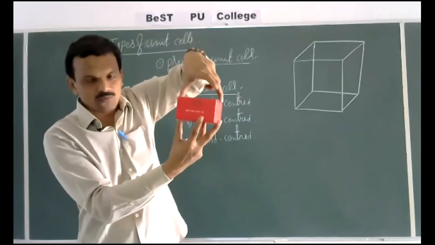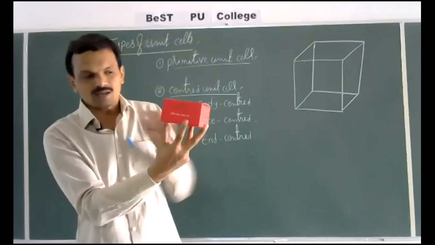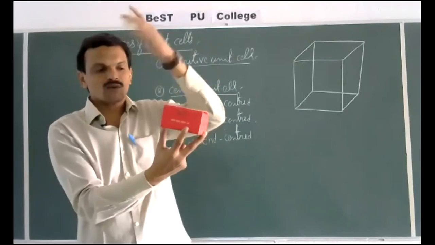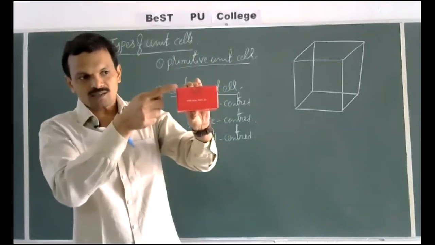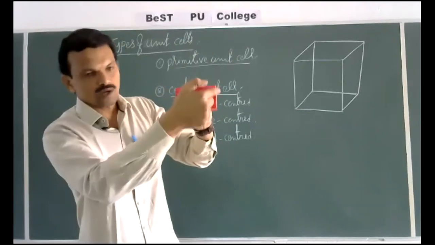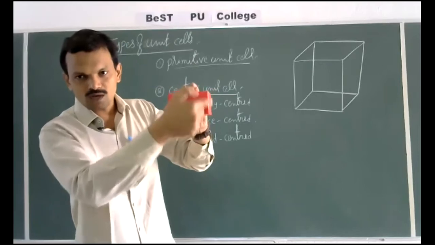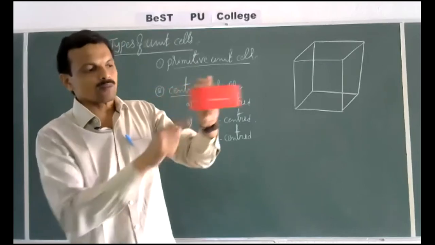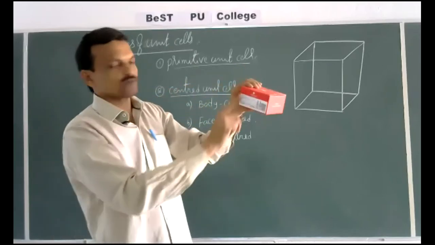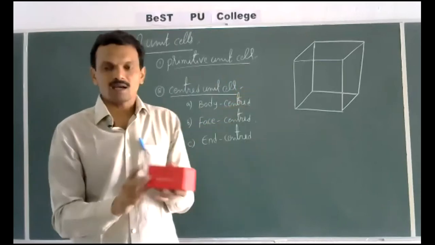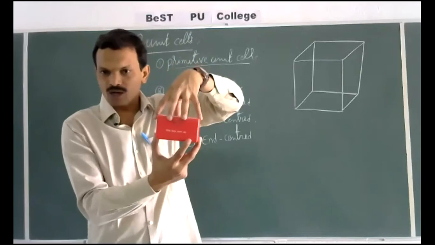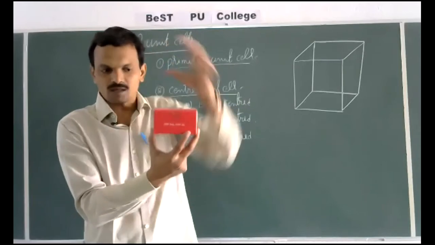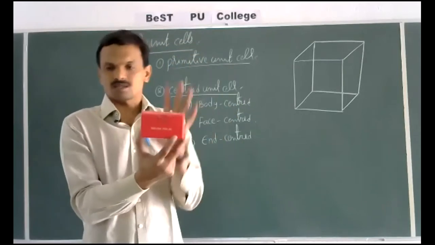And the top 4 edges and the bottom 4 edges are joined by 4 more edges here. This is one edge, joining the top face and bottom face. This is one edge. This is one. This is the second one. Similarly, backside 2, this is one, and this is one more. So in total, how many edges are there? At the bottom 4 edges, at the top 4 edges, and these bottom and top edges are joined by 4 other edges.